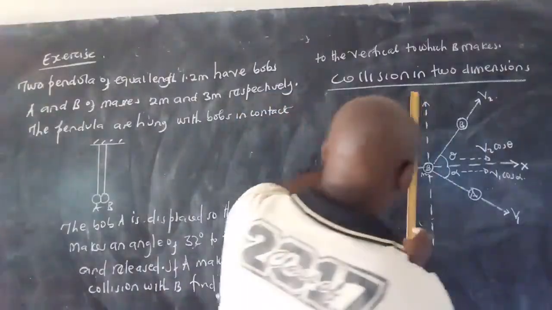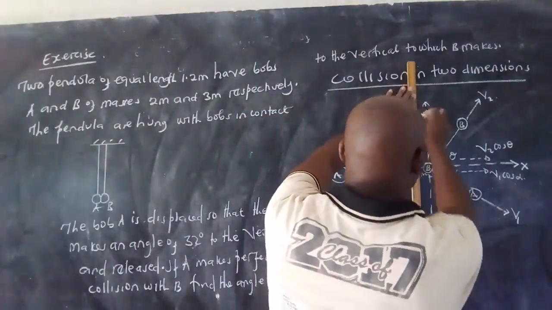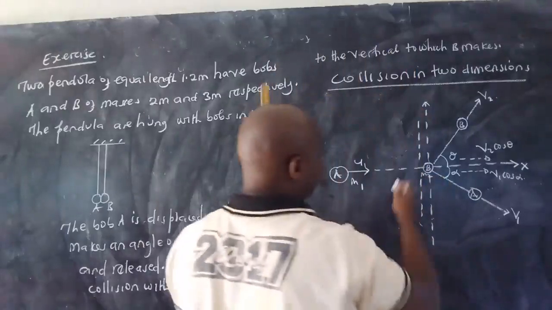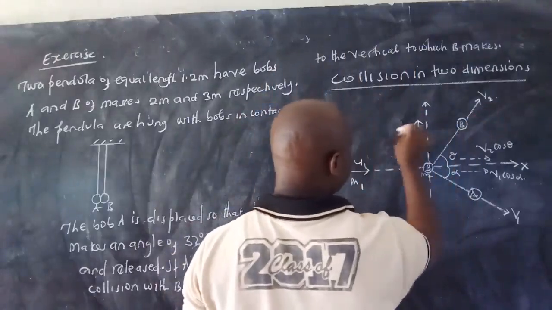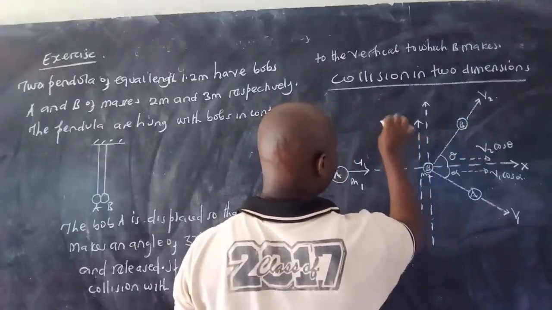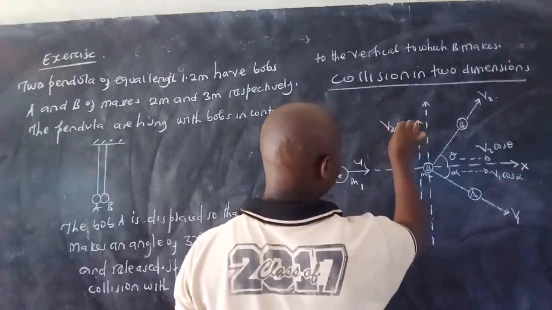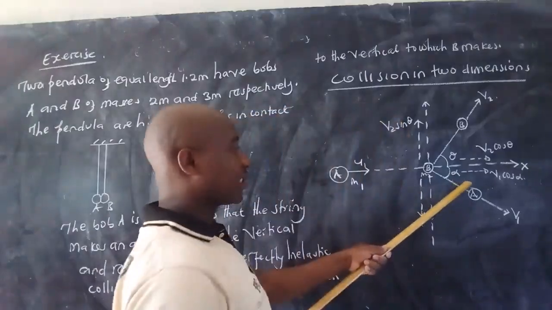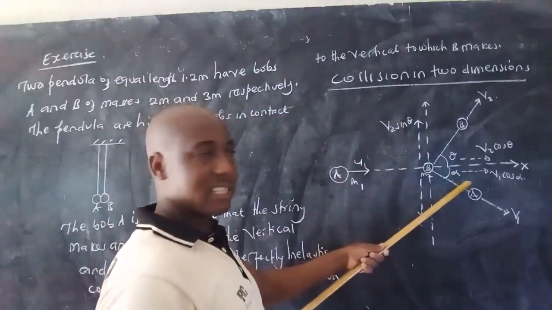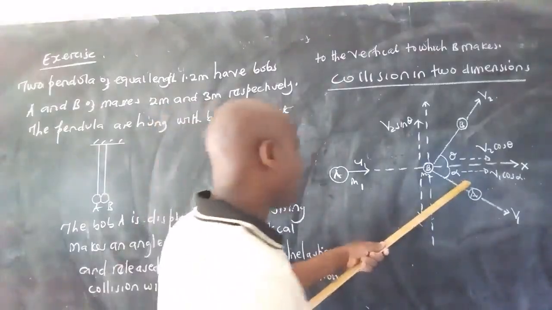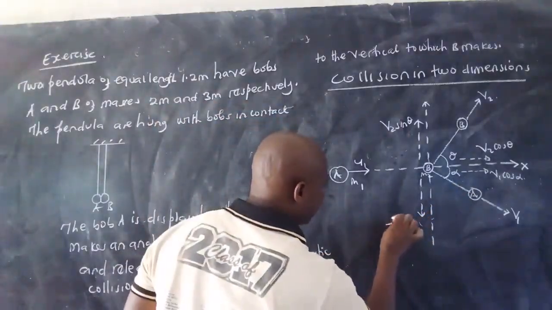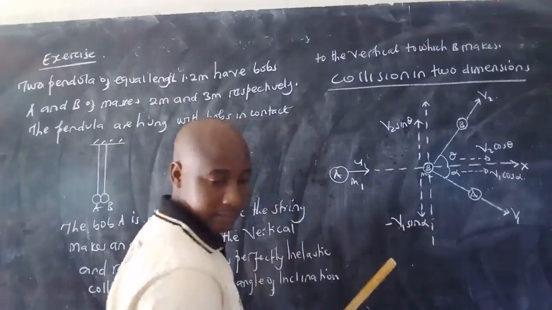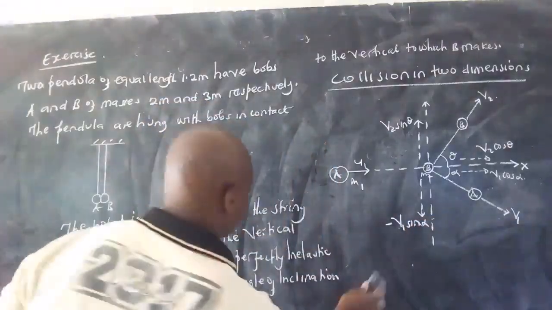Then we have the vertical components. The vertical component of this will be V2 sine theta. Now in this quadrant, sine is negative, so it will be negative V1 sine alpha.